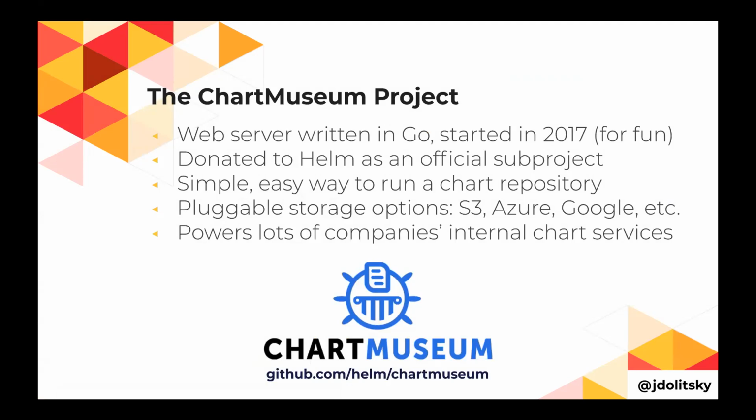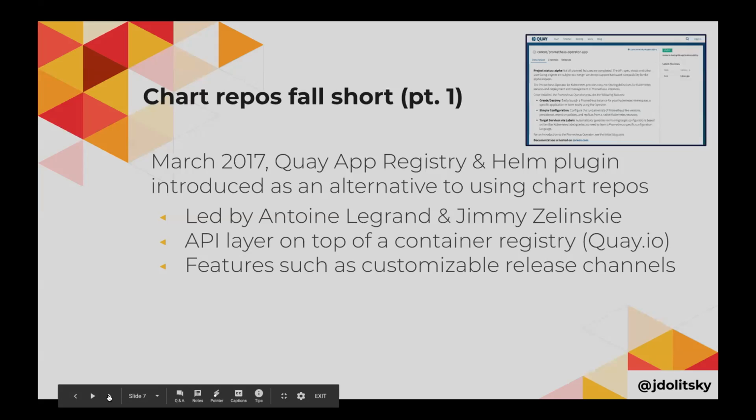It's a very basic way to run a chart repository, and it allows you to plug in different storage such as Amazon and different other clouds. And it powers a lot of internal chart services, including the Harbor project, which actually uses Chart Museum as a backend service for pushing and retrieving Helm charts.